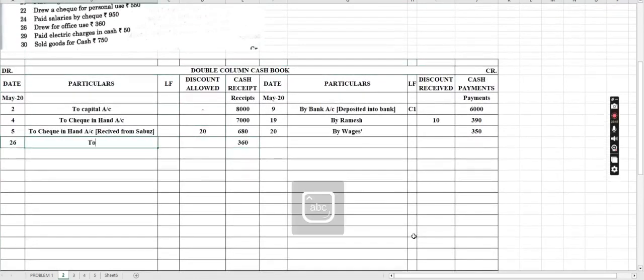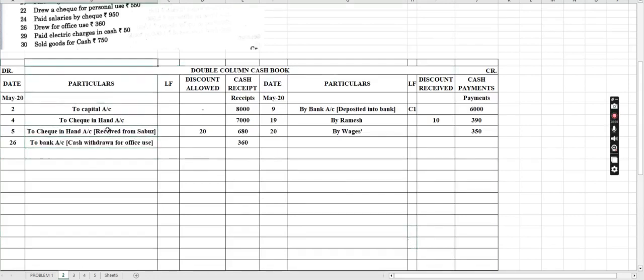How? To bank account. That means cash withdrawn for office use. For our reference, we have written it in the bracket. Okay. Next.